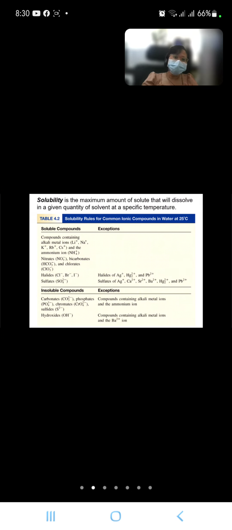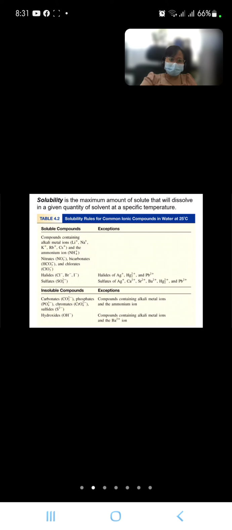Okay. So it is said here that compounds containing alkali metal ions. So kinsa man ning mga alkali metal ions? Diba these are the metals found in the first column of the periodic table. Yes, correct. The group 1 elements, no? When they form ions, we call them alkali metal ions.